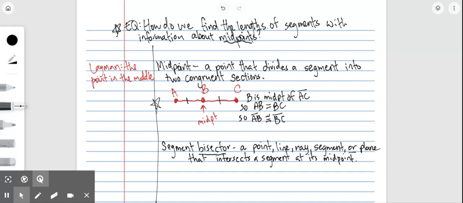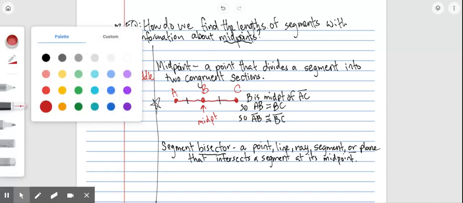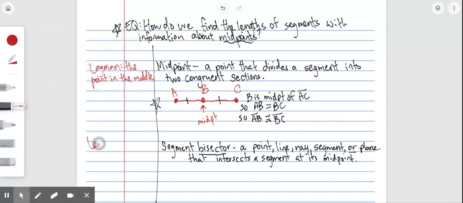In layman's terms, a segment bisector is any geometrical figure that splits a segment into two equal pieces.